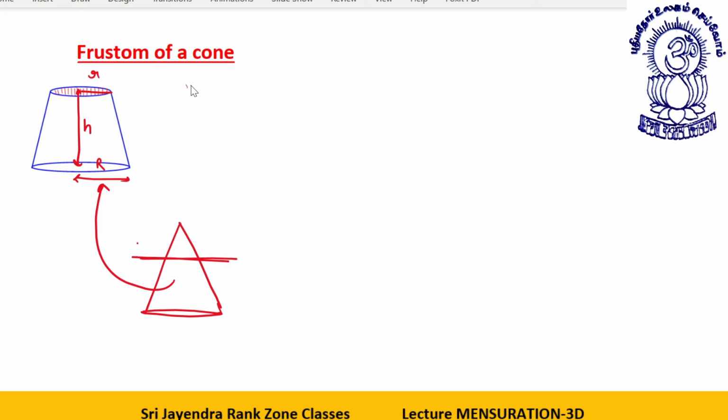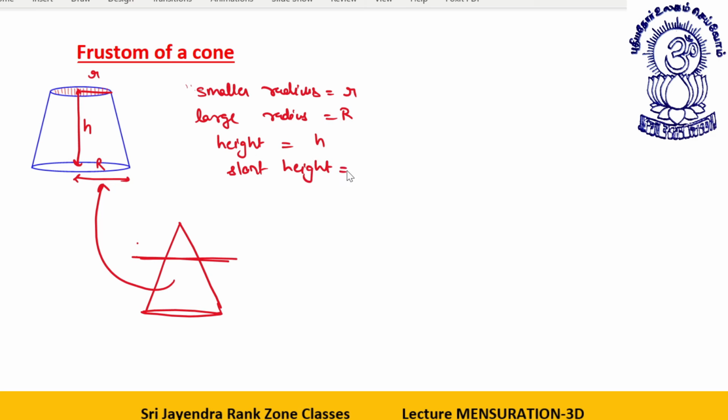Okay, so we have smaller radius as r, large radius as capital R, height is equal to H. Slant height will be what? That will be the square root of H square plus (R minus r) square.